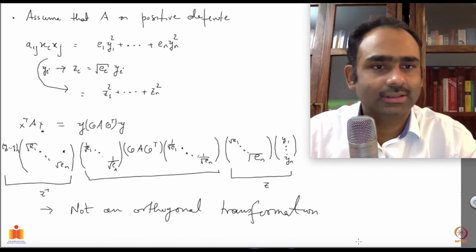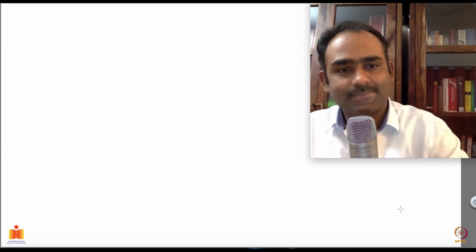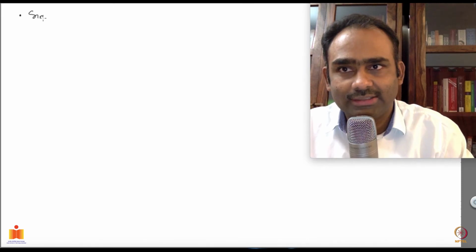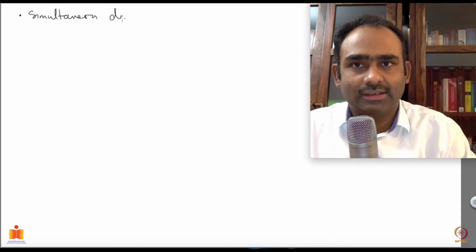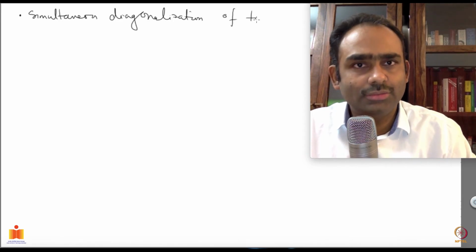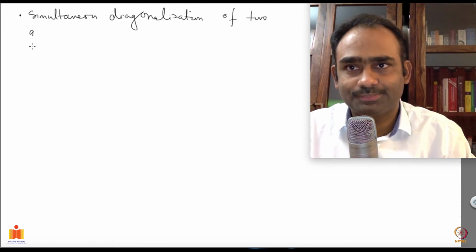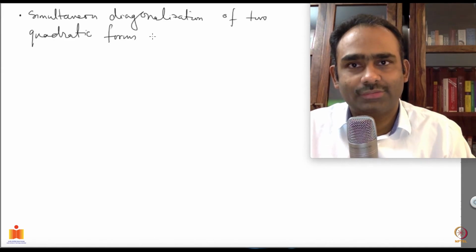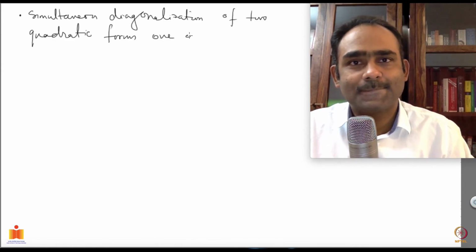So let me go further. What I want to show is simultaneous diagonalization of two quadratic forms, one of which is positive definite.